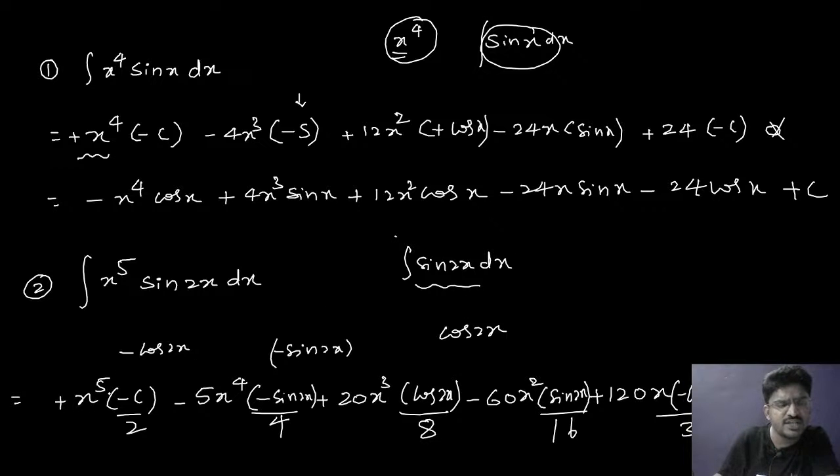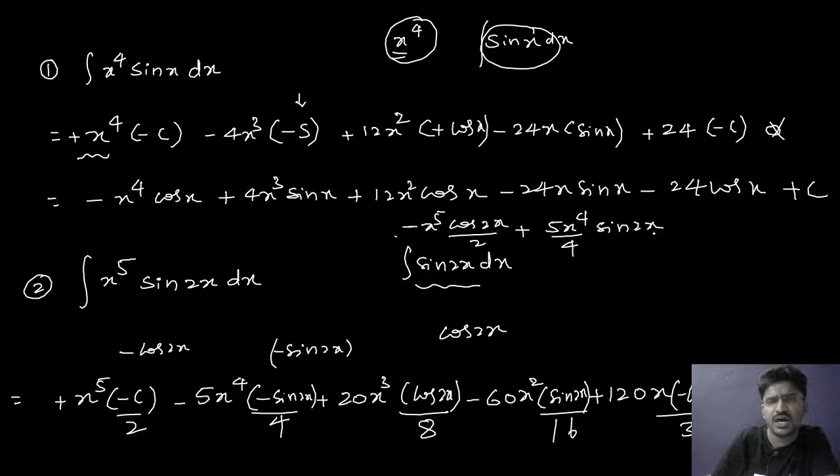minus x raised to 5 cos 2x divided by 2, that is x raised to 5 into minus cos 2x divided by 2. Minus into minus is plus, 5x raised to 4 divided by 4 sine 2x.